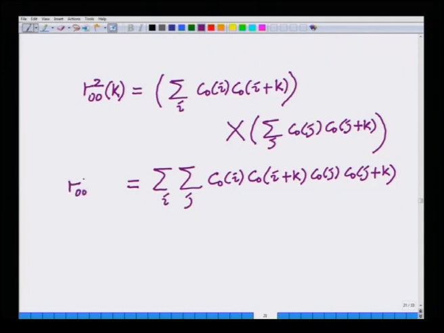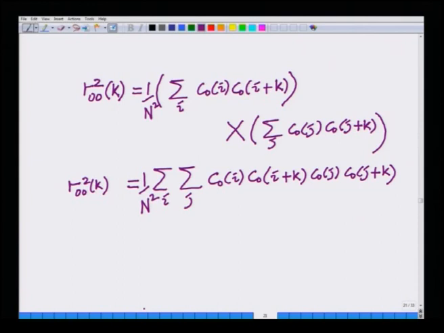Alright, this is R00 square of k. There is also a factor of 1 over n, I am sorry, so that becomes 1 over n square.